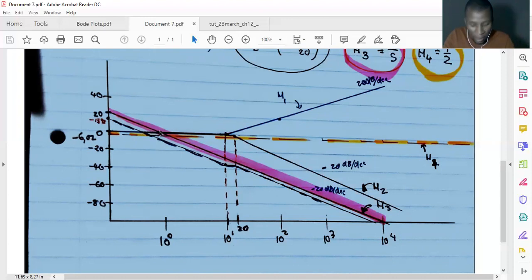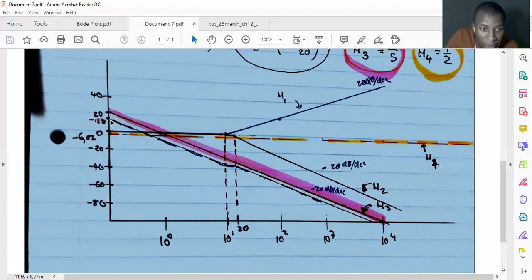Here, H3 is minus 20 decibels, so minus 20, and H4 has a slope of 0, plus 0. And then H1 also has a slope of 0. So it's basically minus 20 plus 0 plus 0. And that's minus 20.